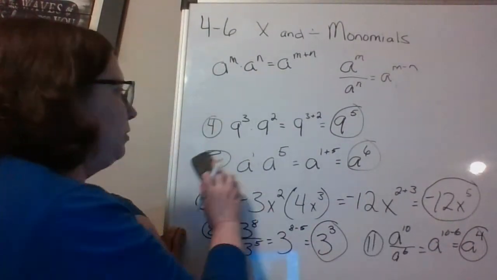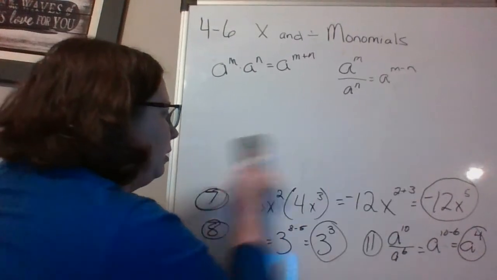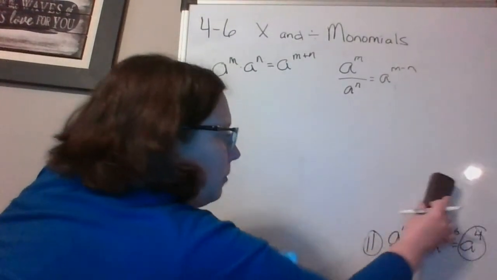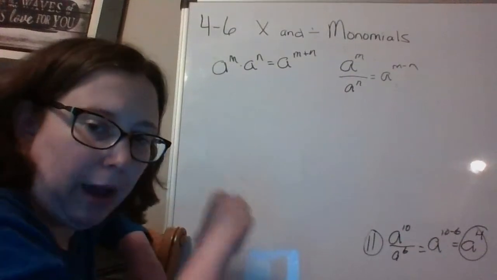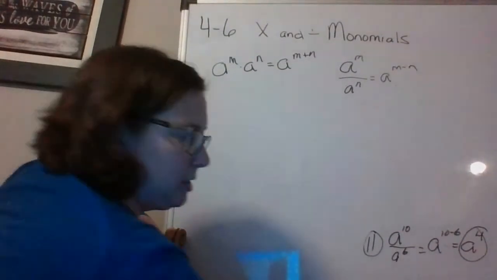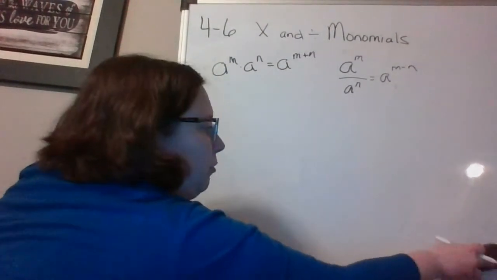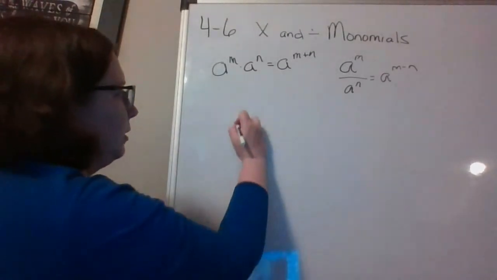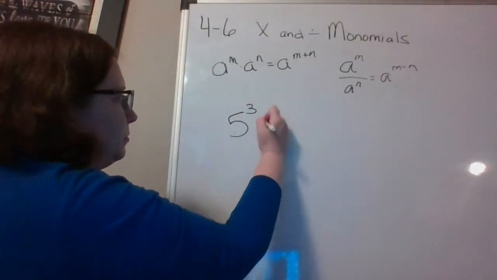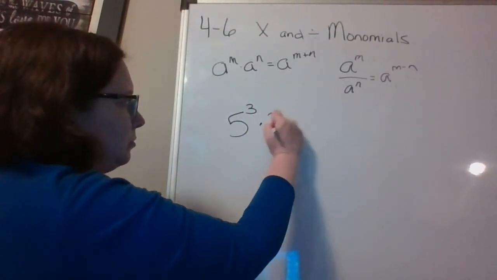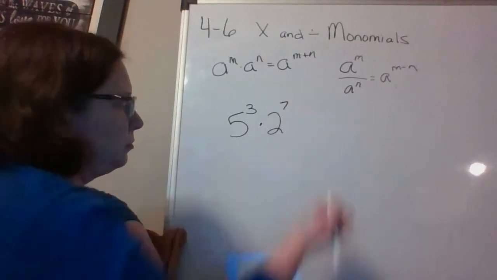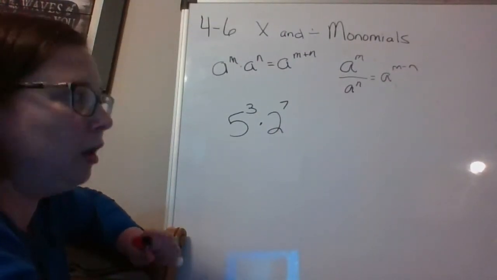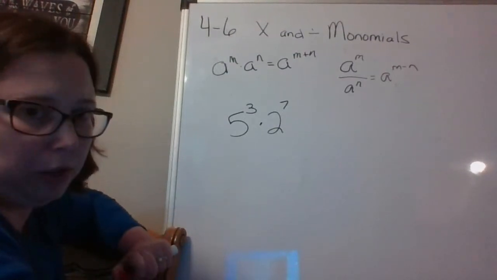Something I want to warn you about that they will throw at you in these problems is, I keep saying you have to have the same base. You do, in fact, have to have the same base. So if they give you something like this, 5 cubed times 2 to the 7th power, we cannot use the rule on this.